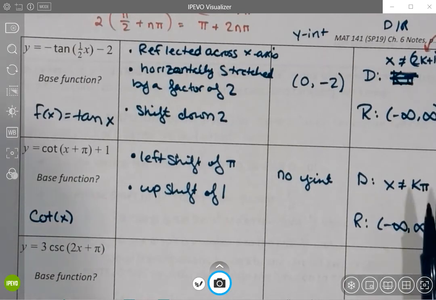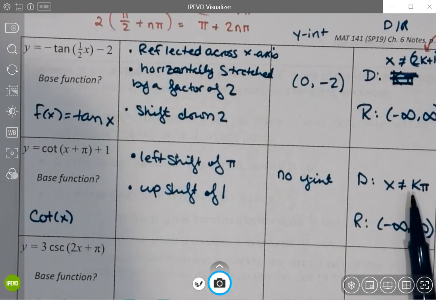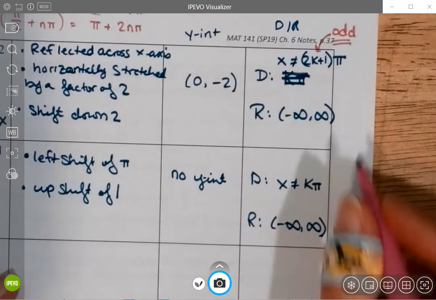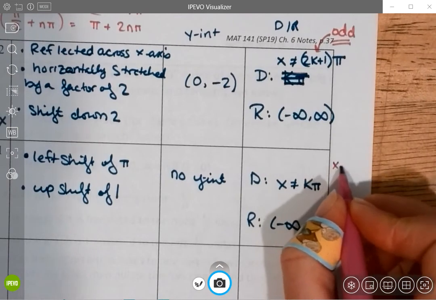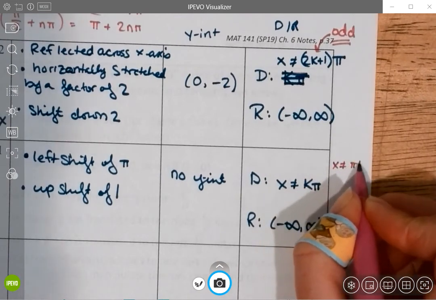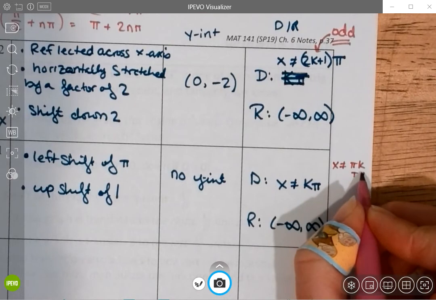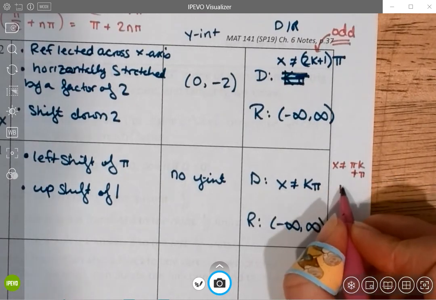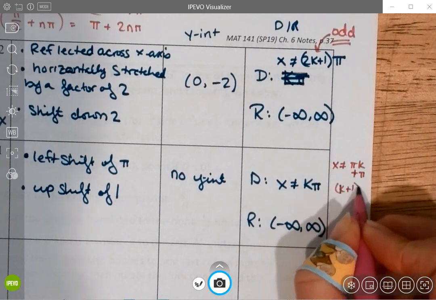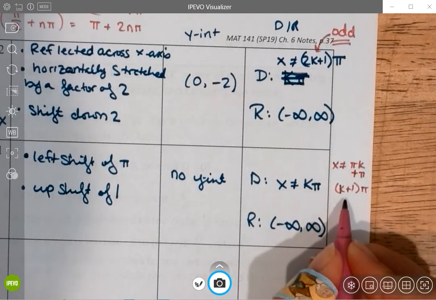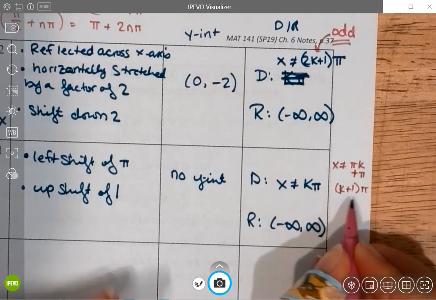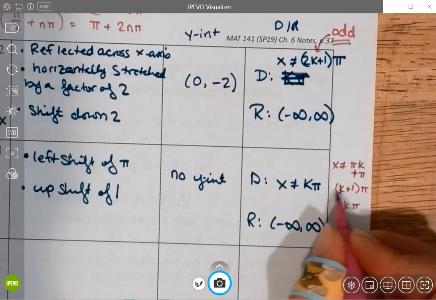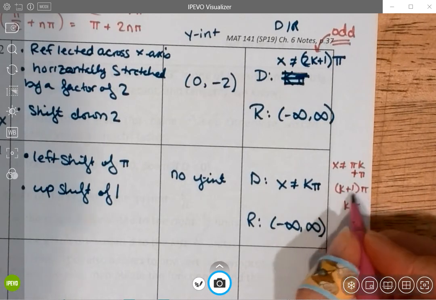So this one's not multiplicative, it's additive. And so if I make a note of that over here, if I already had x not equal to k pi and I added pi to it, that's just k plus 1 pi. But since k can already be odd or even, that's just the same thing as a new k pi, because I don't have any knowledge of whether k is even or odd.